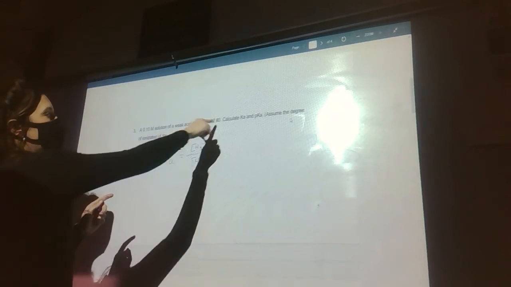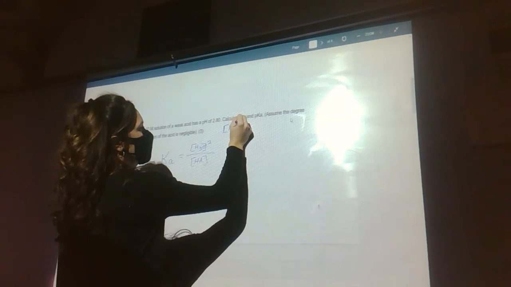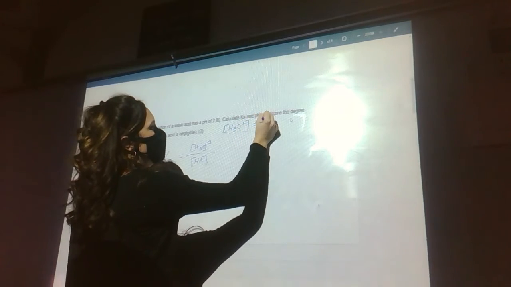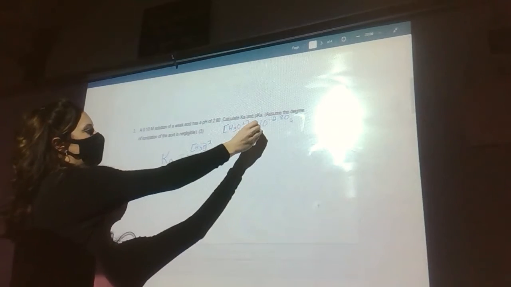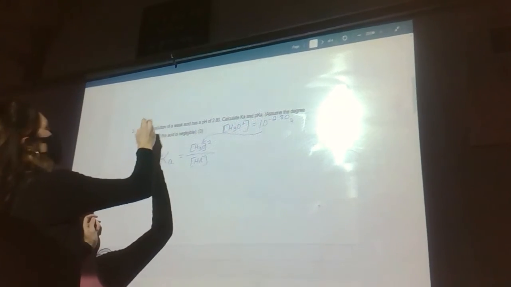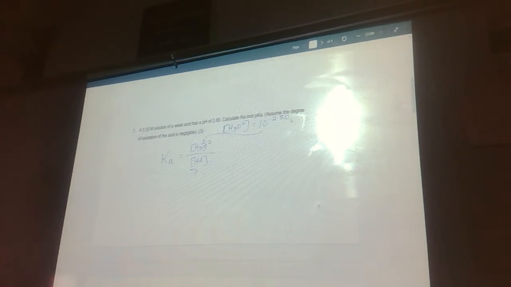To get hydronium, we're going to have to take 10 to the negative pH, plug that in here, plug in 0.1 molar, and solve for Ka. That one's just a little trickier because they give you pH instead of hydronium. Okay?